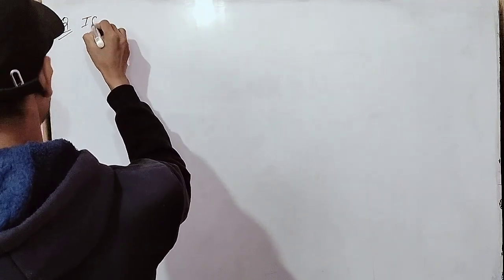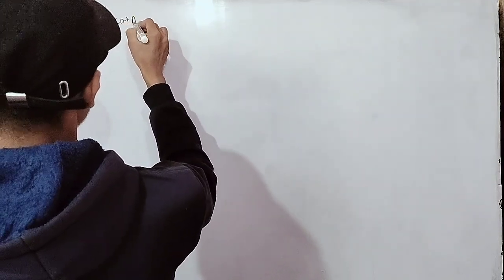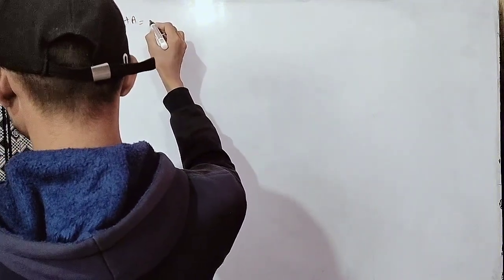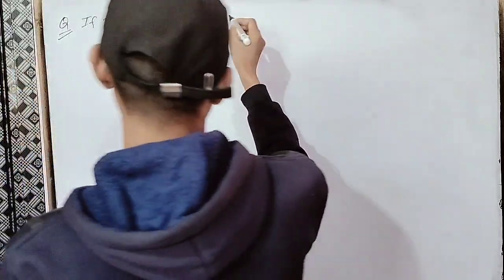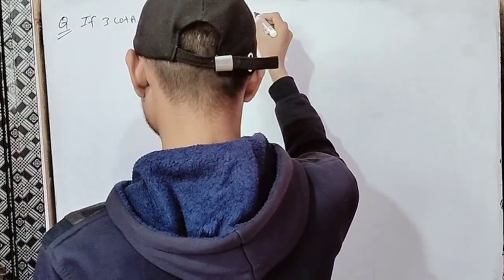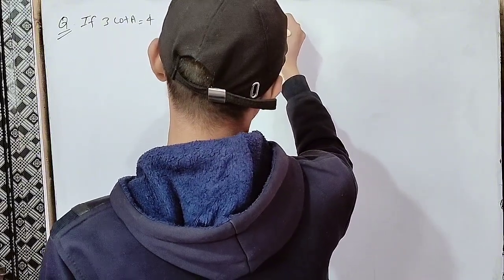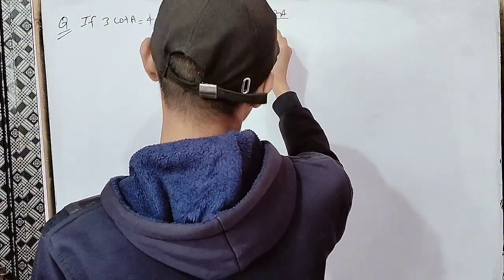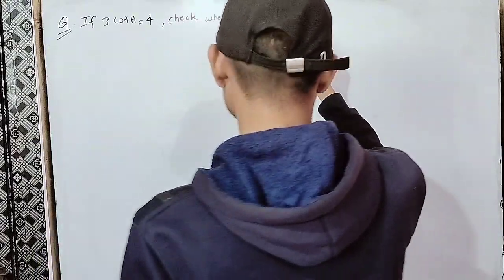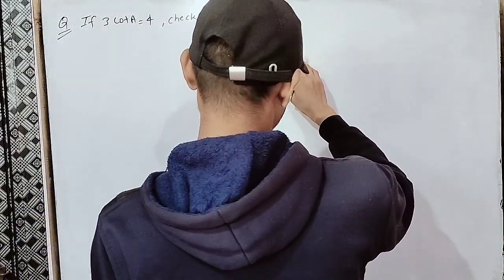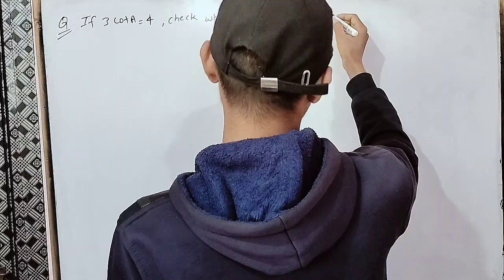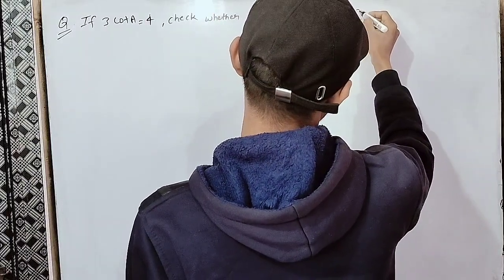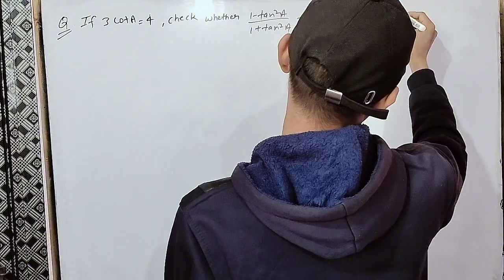Next, which is: if 3 cot A is equal to 4, check whether (1 minus tan square A) upon (1 plus tan square A) is equal to cos square A minus sin square A or not.